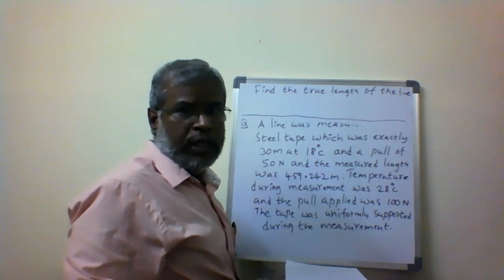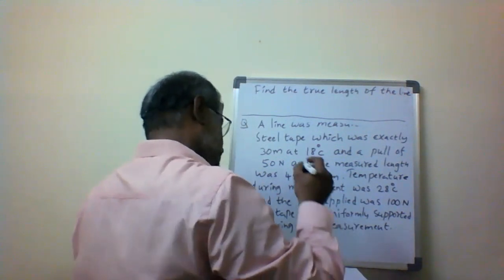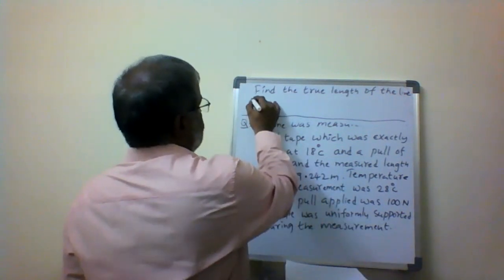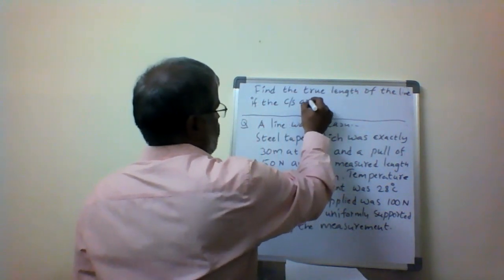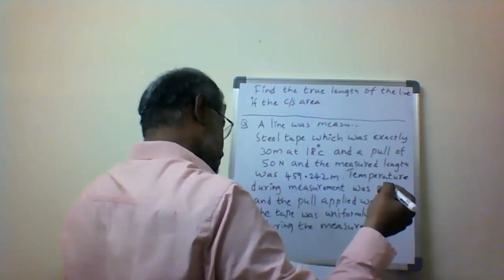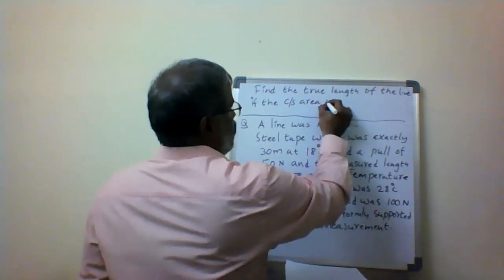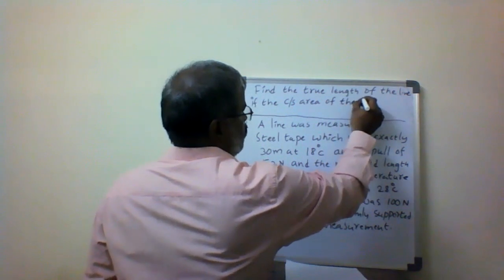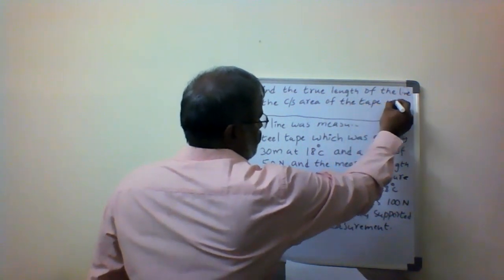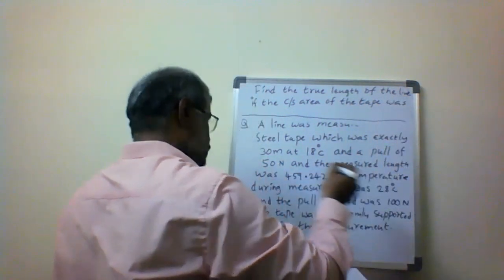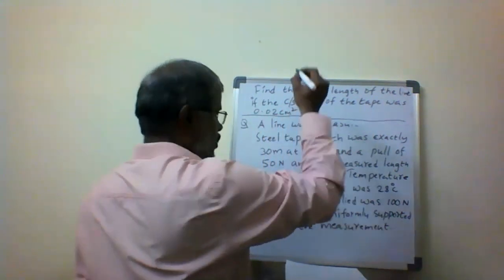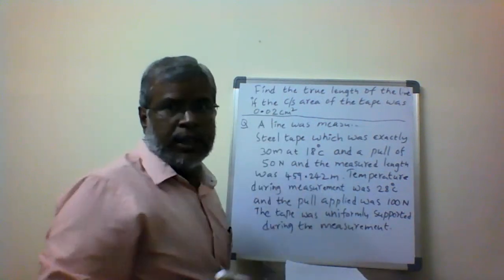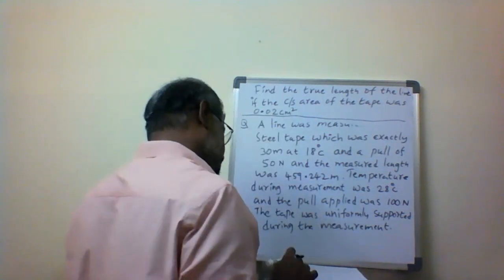Find the true length of the line, if the cross-sectional area of the tape was 0.02 centimeter square.